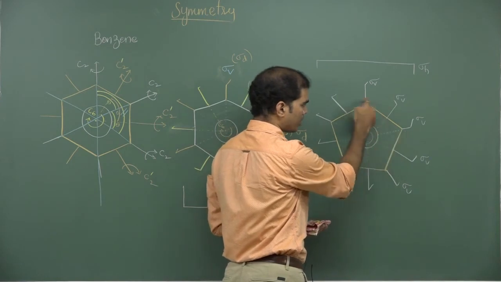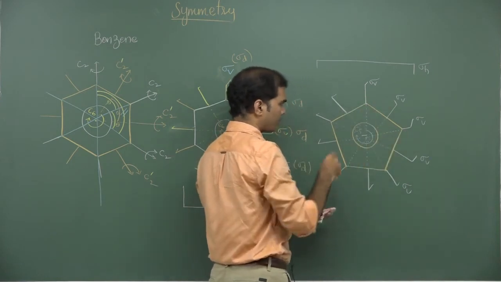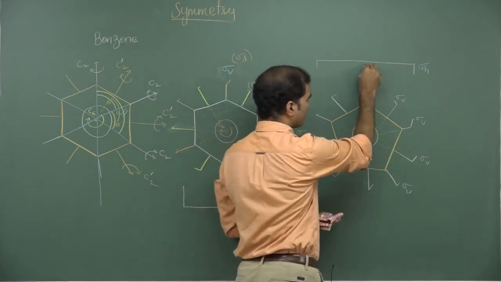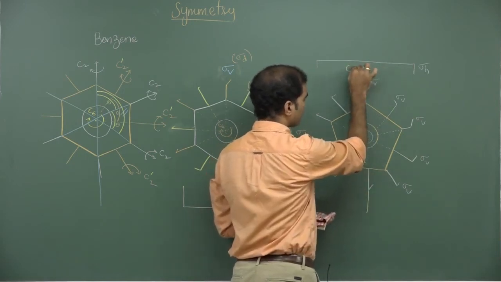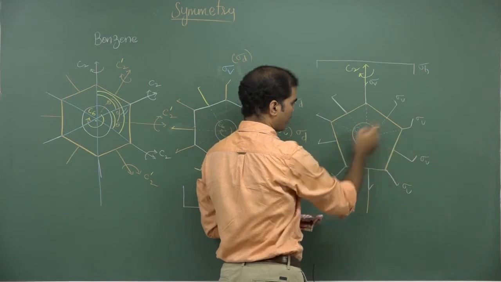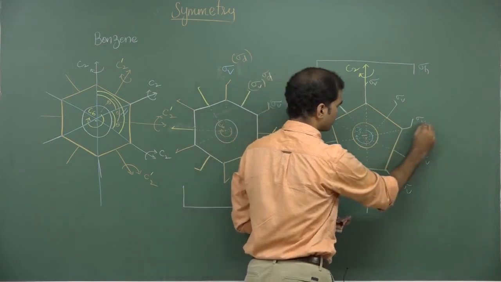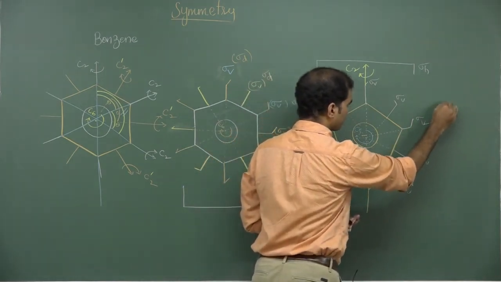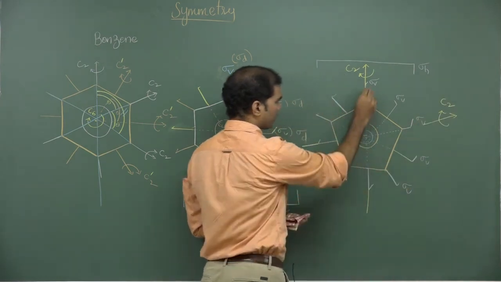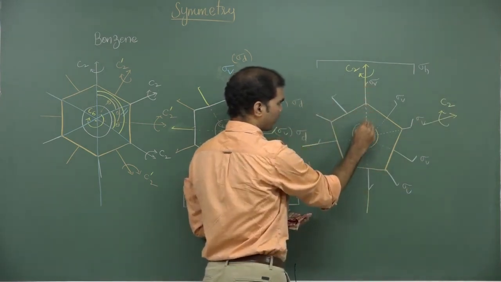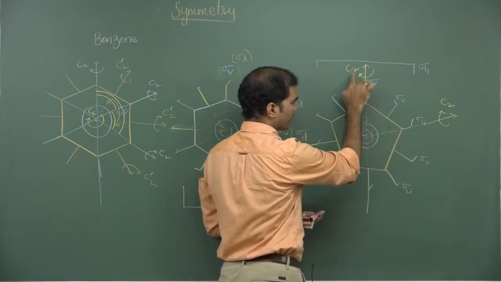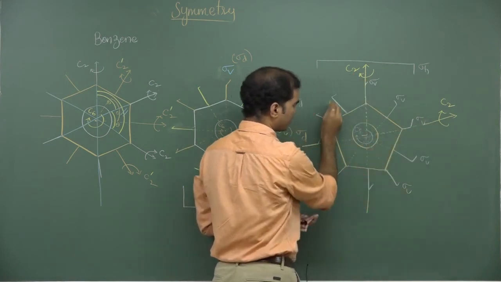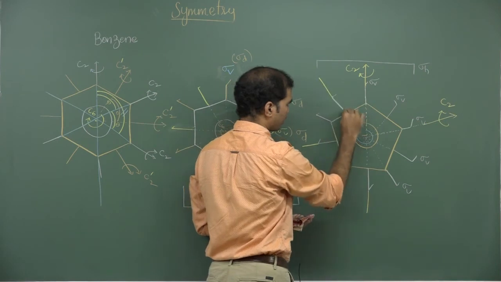Between these two C2s, I will try to draw two C2s in yellow. Suppose this is one C2, here we have a second C2. I am just extending them. So between this C2 and this C2, and also let me put a third one.